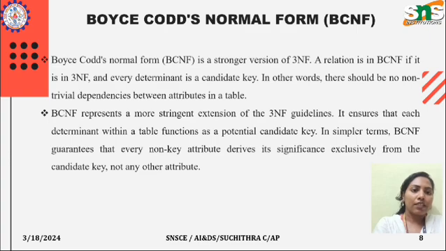BCNF represents a more stringent extension of 3NF guidelines. It ensures that each determinant within a table functions as a potential candidate key. In simple terms, BCNF guarantees that every non-key attribute derives its significance exclusively from the candidate key, not any other attributes.